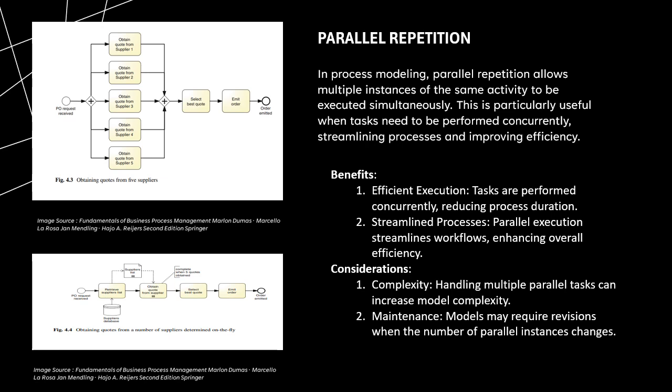Using an AND split, we can model tasks in parallel, but this becomes cumbersome with increasing suppliers. Enter the multi-instance activity, a BPMN construct allowing the execution of an activity multiple times concurrently. This feature simplifies handling multiple instances of an activity, especially when dealing with numerous entities or data items simultaneously.